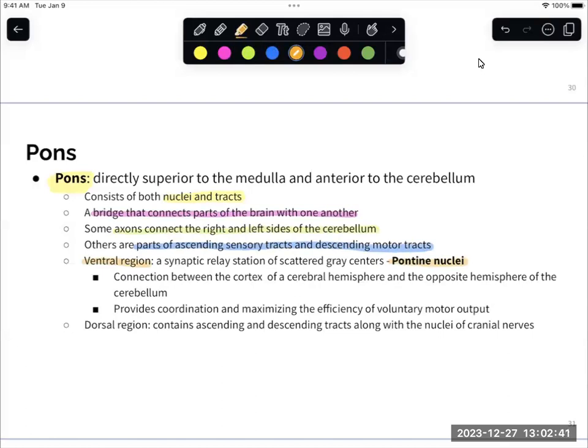This helps to connect the cerebral cortex and the opposite hemisphere of the cerebellum. It also does coordination and that efficiency of voluntary motor output. The dorsal region has ascending and descending tracts with nuclei of cranial nerves.